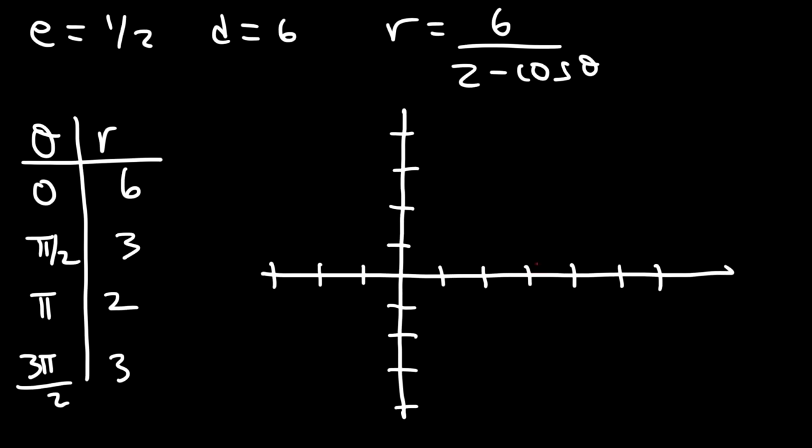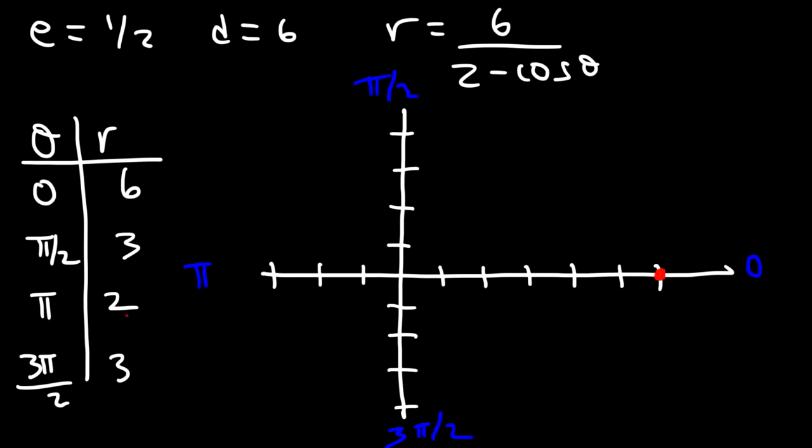So theta is 0, which means it's on the x-axis, and r is 6, so we need to go 6 units in this direction. Now at pi over 2, which is the y-axis, let me just put that. So this is pi over 2, 0, pi, 3 pi over 2.